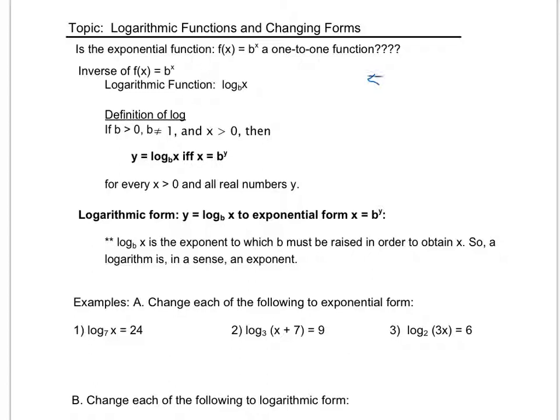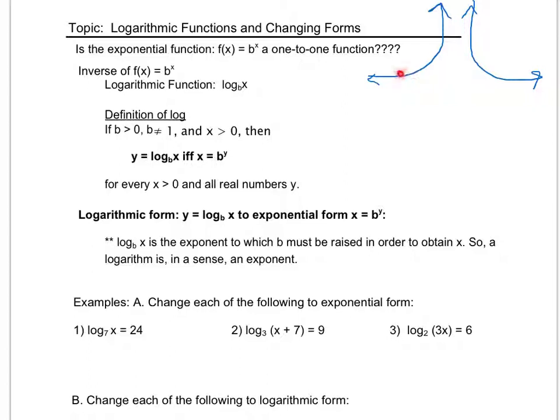Well, if I think about what it looks like, I either have the growth function or the decay function. Remember, in order to be one-to-one, I have to pass the horizontal line test. Please remember that if I'm looking at the leftmost portion or rightmost portion of my growth function, or the end behavior of either growth or decay, my end behavior is going to be approaching that horizontal asymptote of the line y equals 0, meaning it's going to get closer and closer to a y value of 0 without ever touching it.